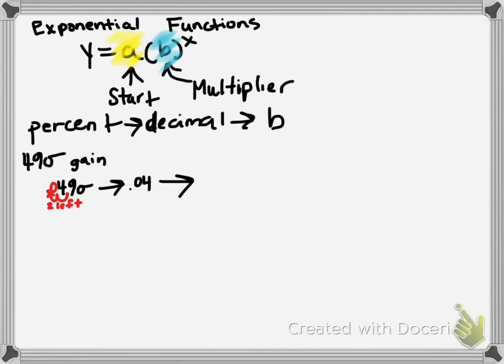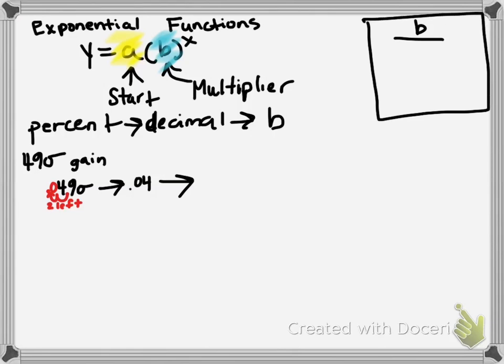So what we actually have to happen is we still need to keep 100% of all of the value we had, but we are also gaining 4%. So what we do for our b value, and this is going to be an important little note up here, we're going to put 2 pieces of information in it. So make it a nice little box there that says, hey, look at me. If we are increasing in value, what we're going to do is we are going to take 1 and we are going to add the decimal.